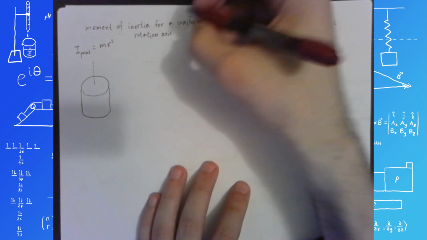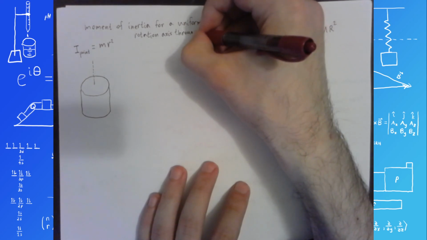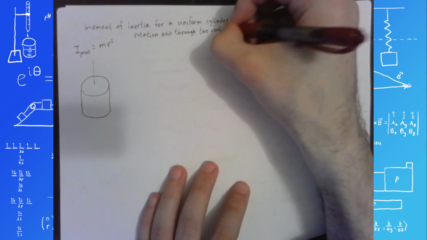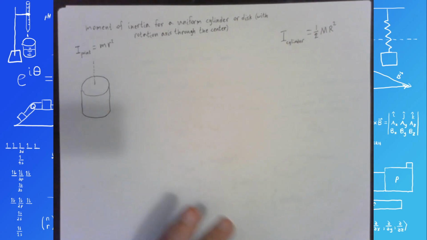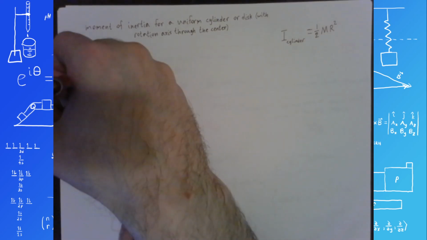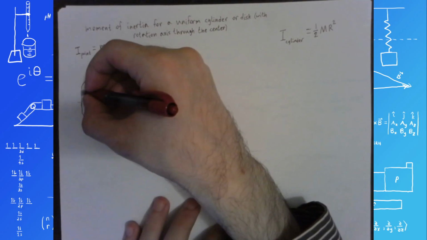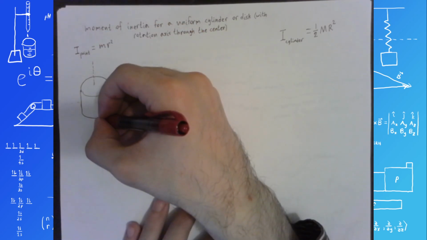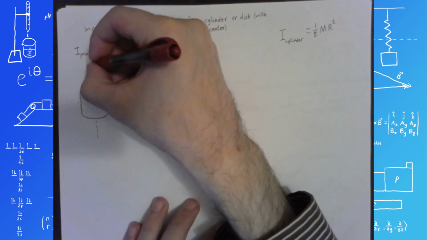Specifying the rotation axis is important. And I suppose that's not even the best description, because through the center could also mean, like, this way, but I think my drawing already sufficiently illustrates which rotation axis I'm talking about.